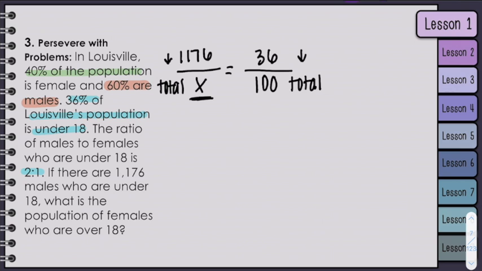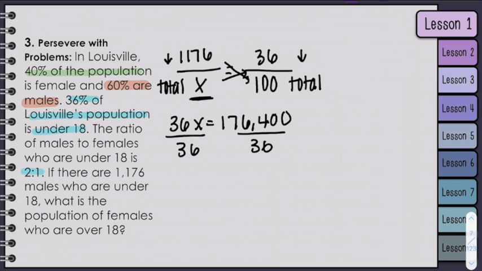So here we have, you want to cross multiply. We're going to get 36x equals 176,400. Divide both sides by 36. This cancels out. X equals 4,900, which is the total population.